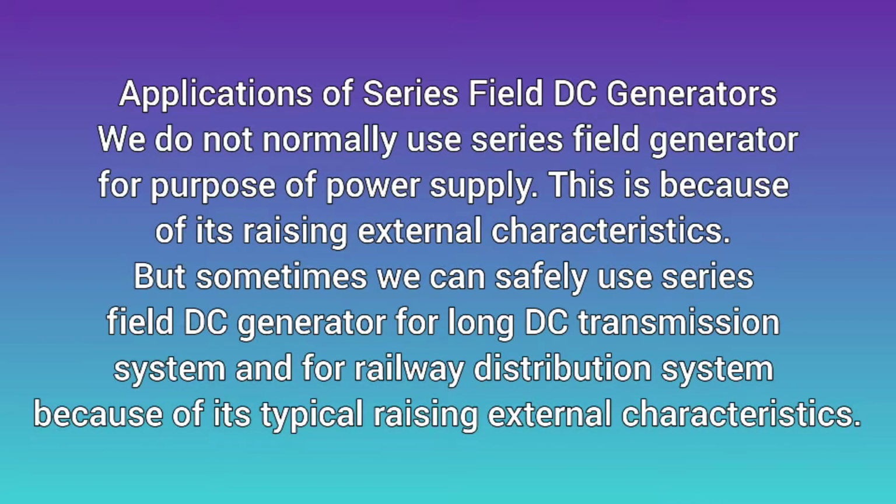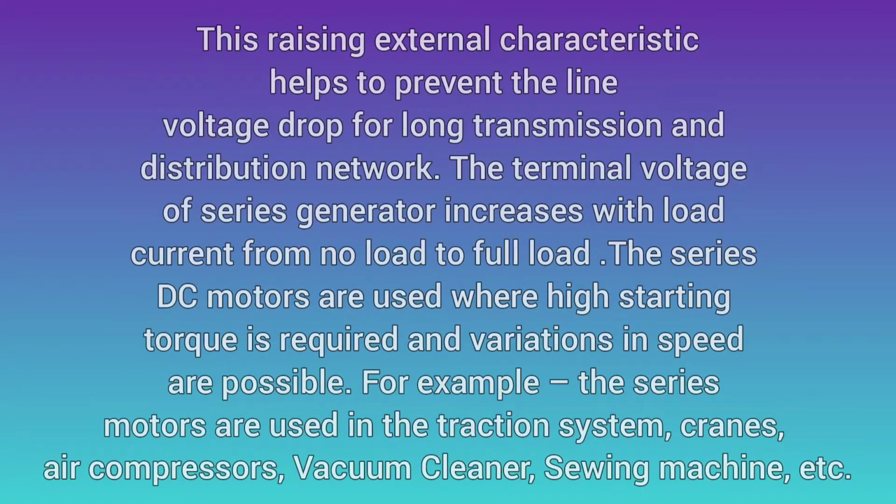Applications of series field DC generators. We do not normally use series field generators for the purpose of power supply because of their racing external characteristics. But sometimes we can safely use series field DC generators for long DC transmission systems and for railway distribution systems because of these typical racing external characteristics. This helps to prevent the line voltage drop for long transmission and distribution networks.